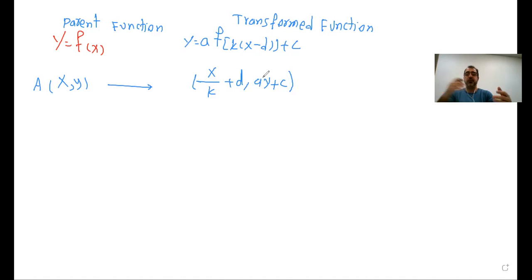But before moving forward, we have to have a sense about the roles of a, k, c, and d. K and d are related to x values.